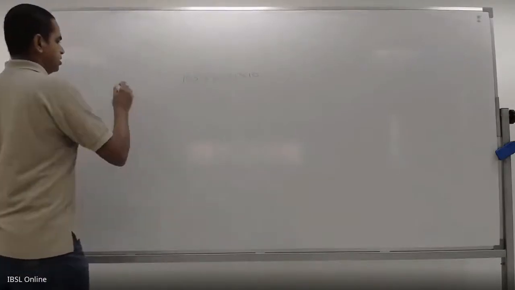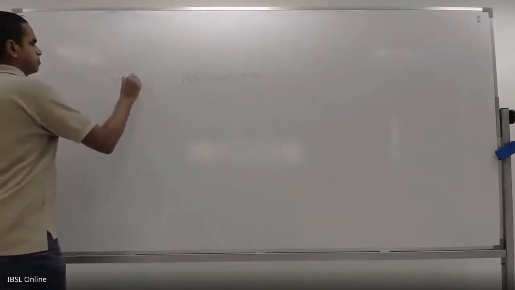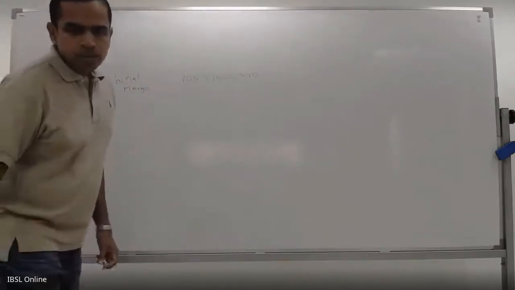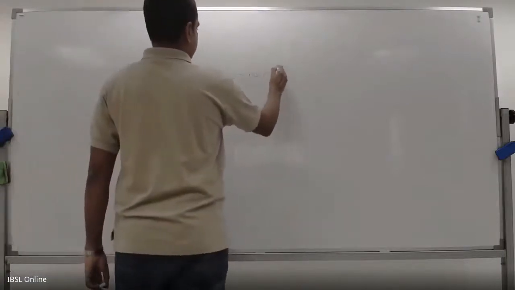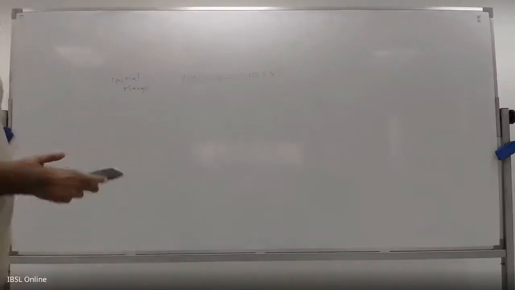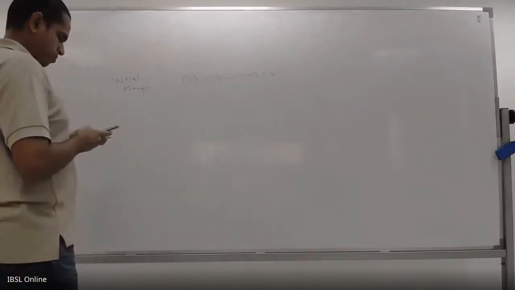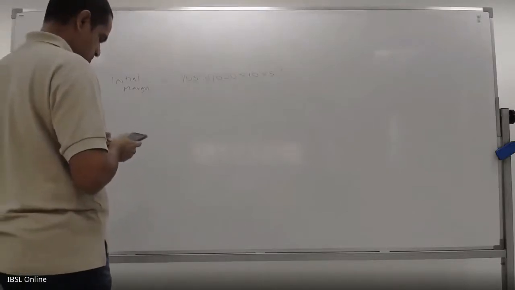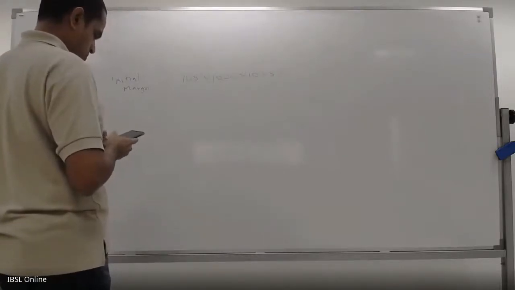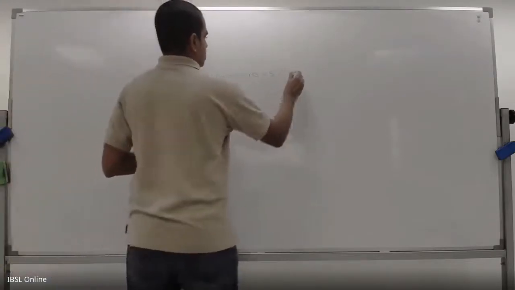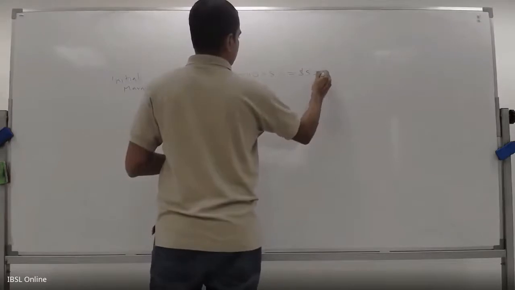So the initial margin will be 5% of the contract value, which is 52,500.